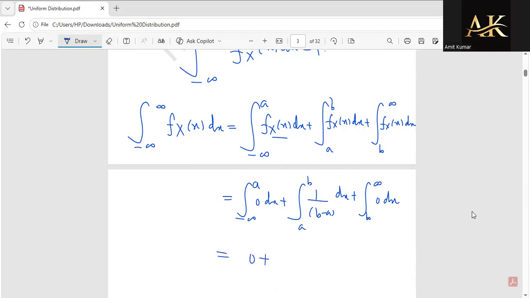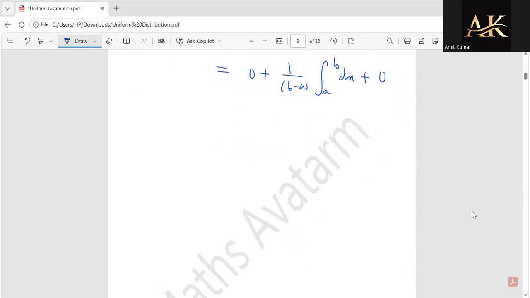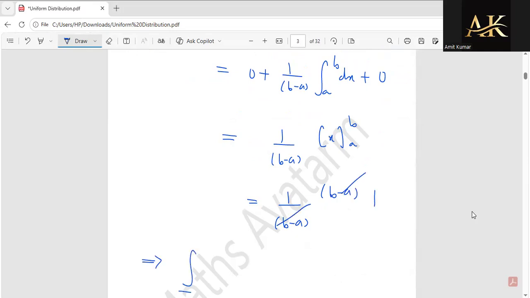So 1 upon b minus a comes out, and the integral of dx from a to b is x with limits a to b, which gives b minus a. So this is 1.